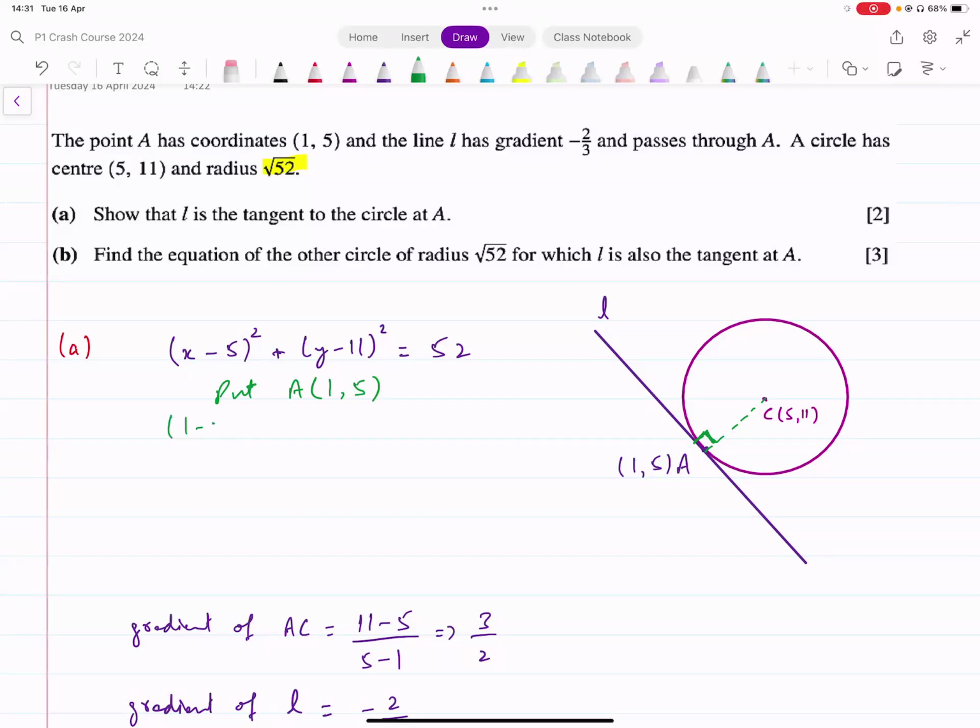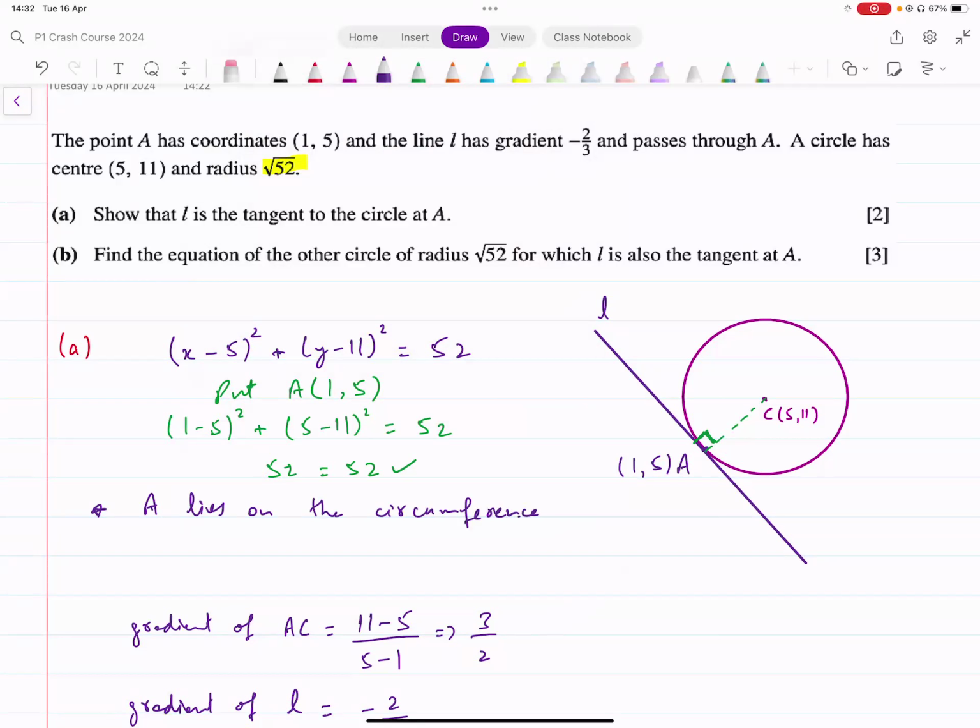That gives us 1 minus 5 whole squared plus 5 minus 11 whole squared equals 52. And that gives us 16 plus 36, which is 52. So we have 52 equals 52. That means A lies on the circumference. That's the first thing you have to prove, that A lies on the circumference.